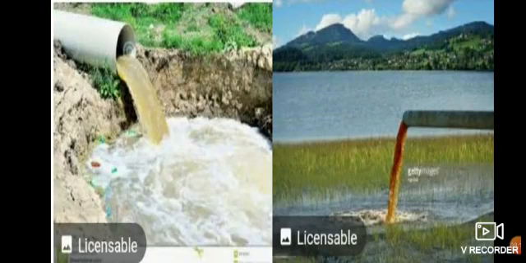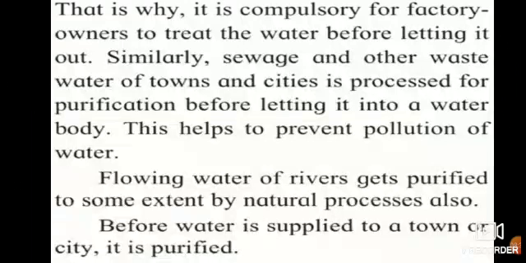If you see in the picture, you can realize that both the pipes contain water which is very dangerous. Poisonous substances are mixed up with the water, and this water we cannot use. So this is unclean water.